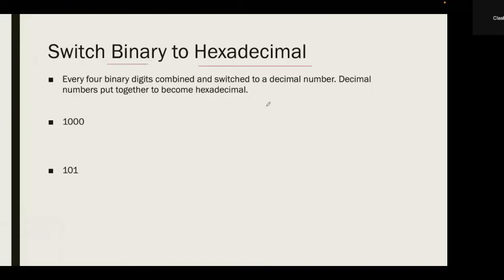So previously we have learned how you switch decimal numbers to binary numbers, how you switch binary numbers to hexadecimal numbers, how you switch hexadecimal numbers to decimal numbers, how you switch hexadecimal numbers to binary numbers, and now we're going to learn how you switch binary numbers to hexadecimal numbers.